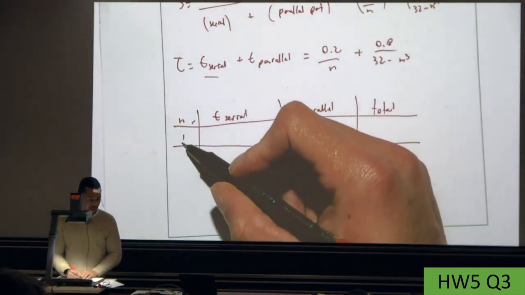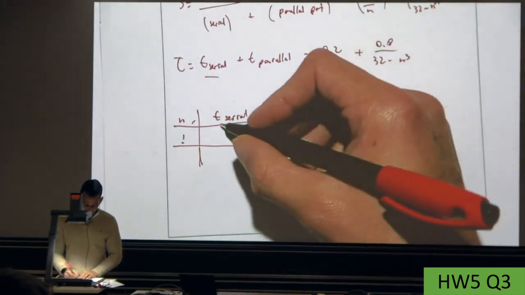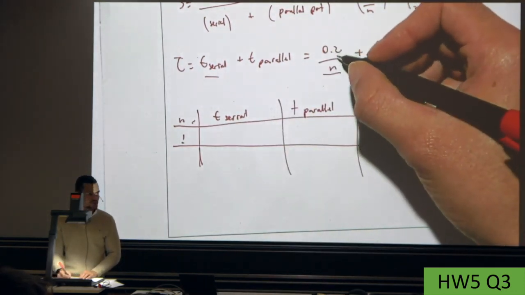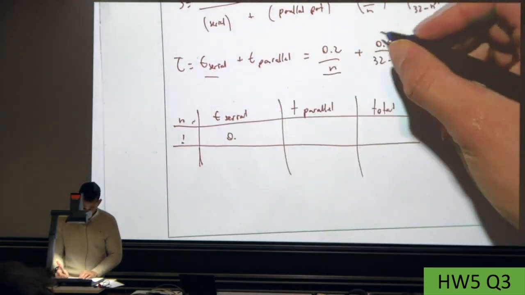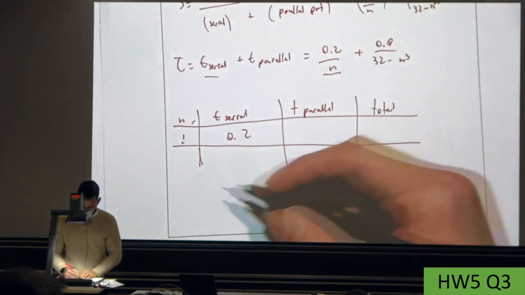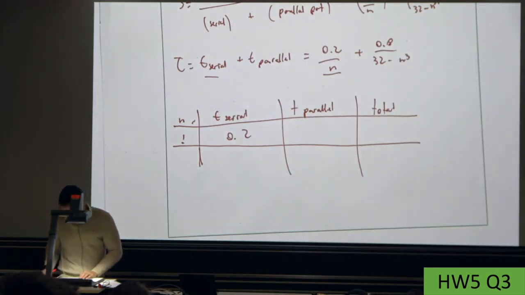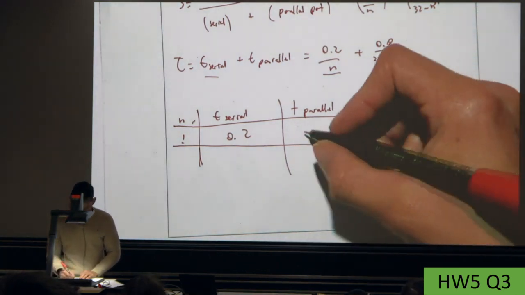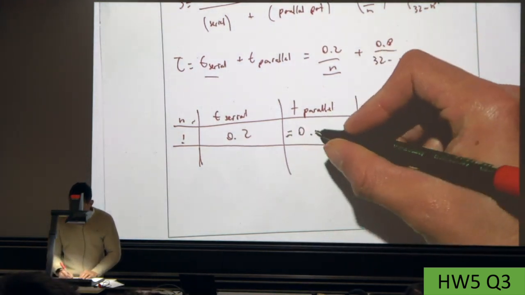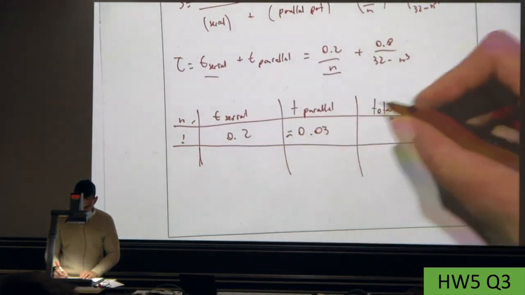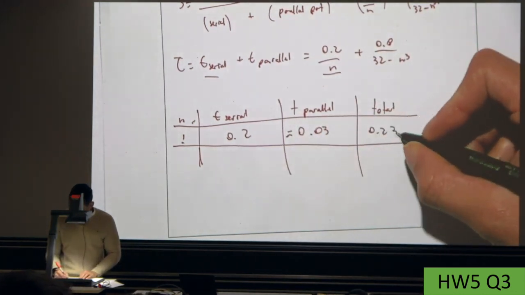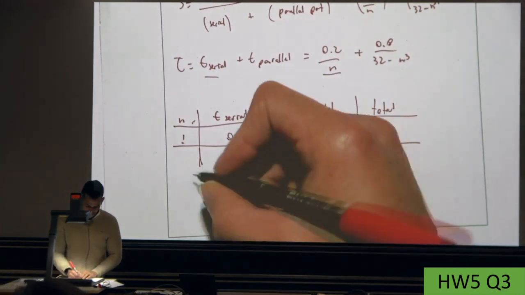If n equals 1, the serial part is going to take 0.2 divided by 1, 0.2, and the parallel part is 0.8 divided by 32, around 0.03, and the total time is 0.2323 exactly.